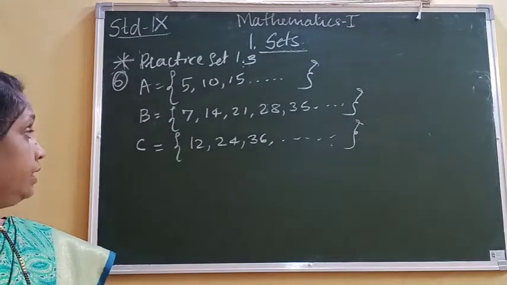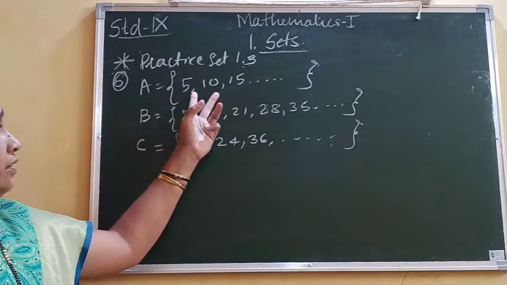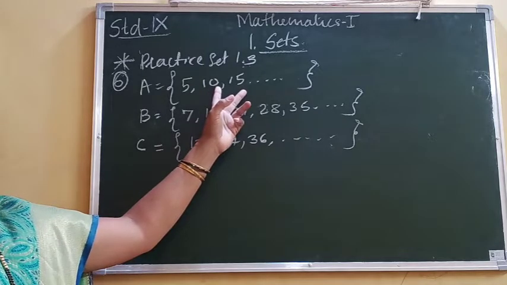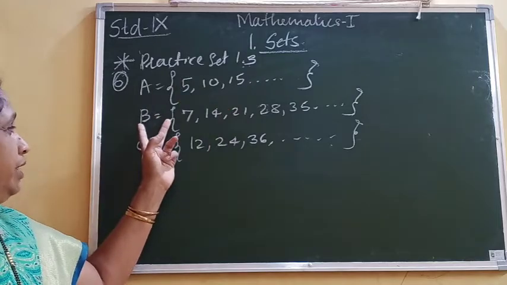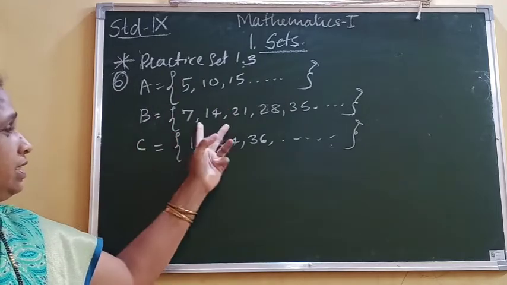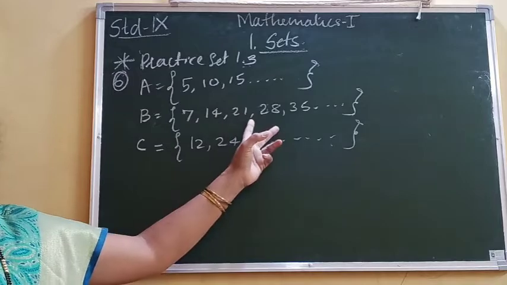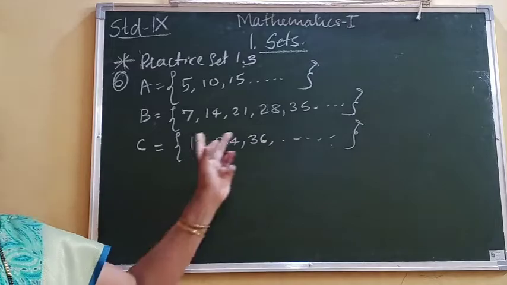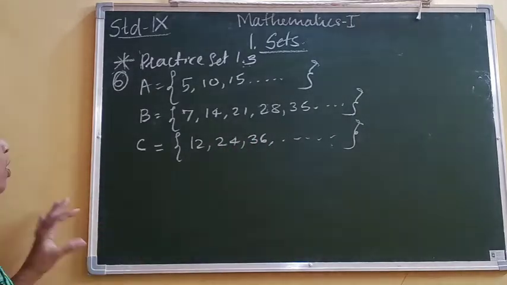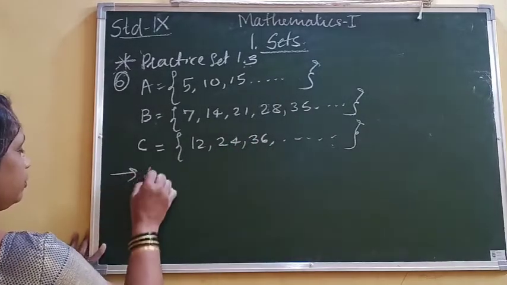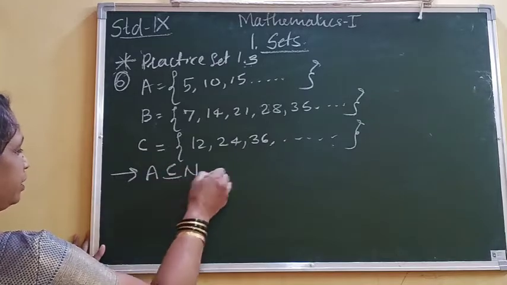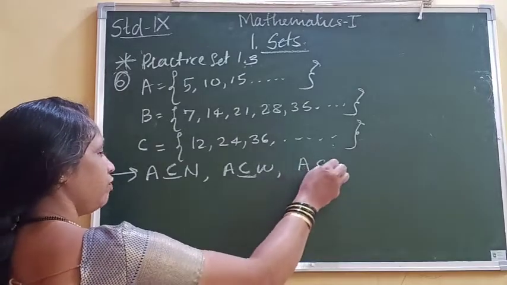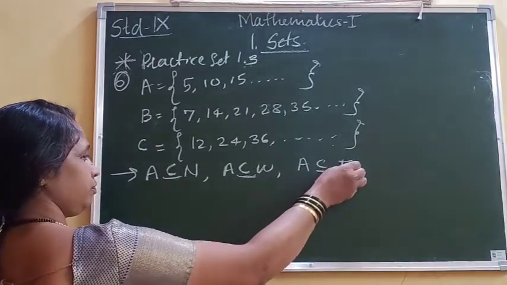Okay. Now A is a subset of what can you say? A is a subset of natural numbers. A is a subset of whole numbers. Now B is a subset of natural numbers, whole numbers. And C also is a subset of natural numbers and whole numbers. So how will we represent it? The answer will be: A is a subset of natural numbers, A is a subset of whole numbers, A is a subset of integers also.